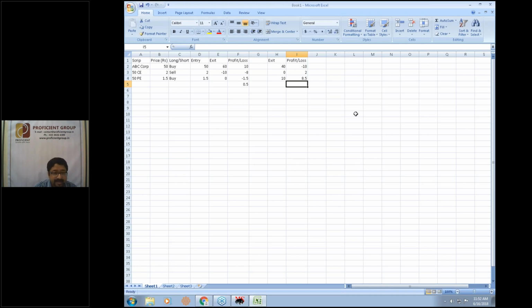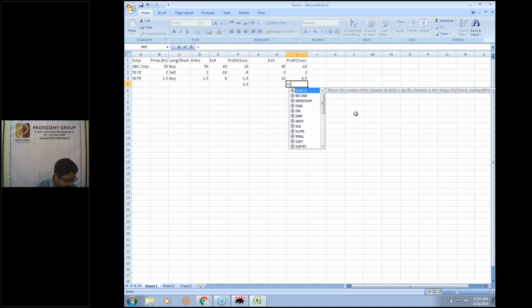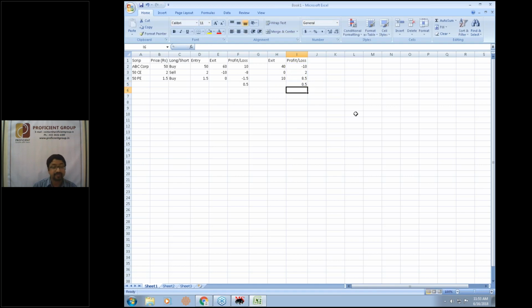So we get a net profit of rupees 8.5 from this put. So again, net we have a profit of 0.50, that is a 50% profit.